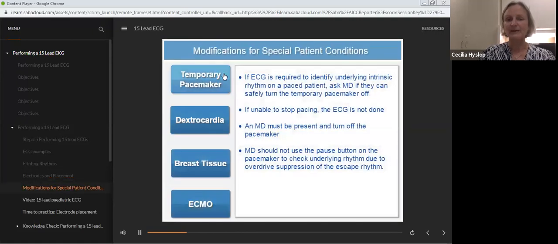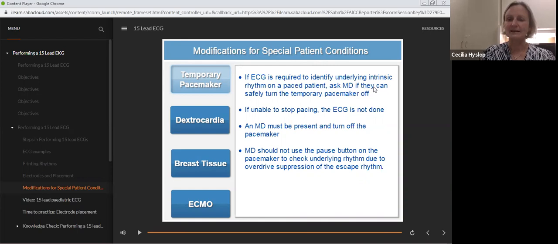So there are modifications for special patient conditions. One of these is a patient with a temporary pacemaker. So if an ECG is required to identify the underlying intrinsic rhythm on a paced patient, as nurses or ECG technologists, we're not going to turn the pacemaker off unless we have a physician with us.